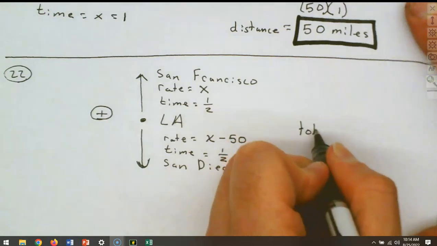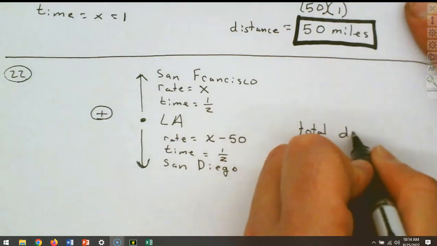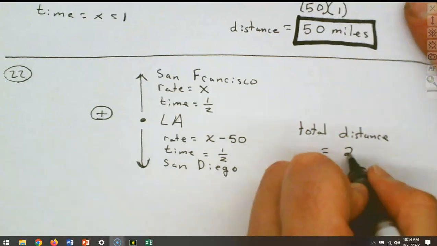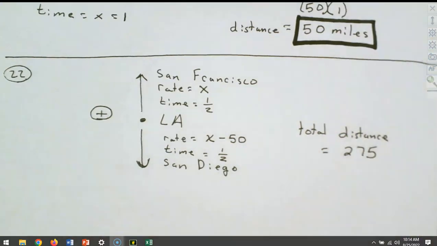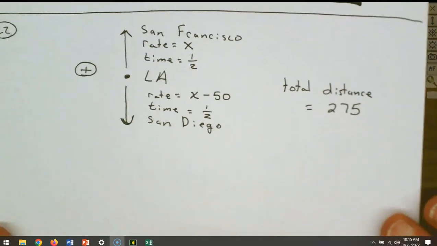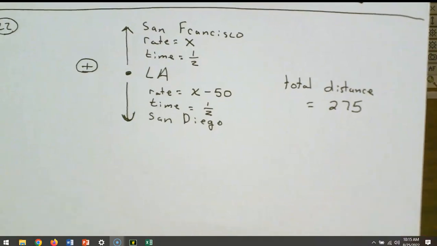And we know our total distance is that 275. Okay, so there's our 275, and that's going to be our total distance. Now we can use this to build our equation.